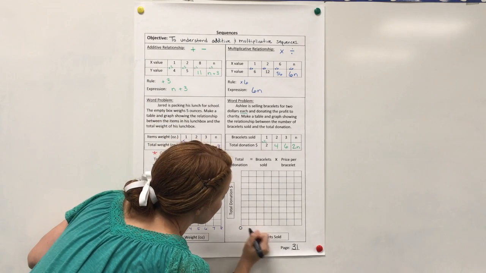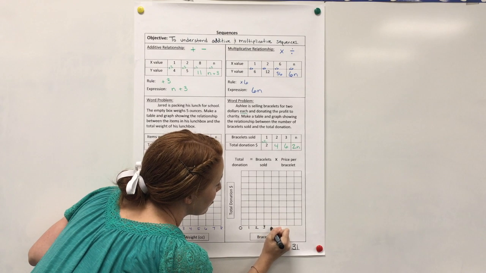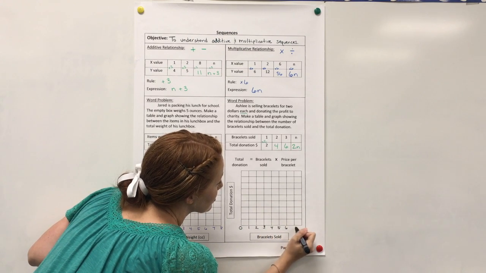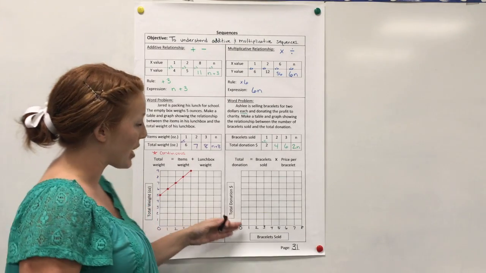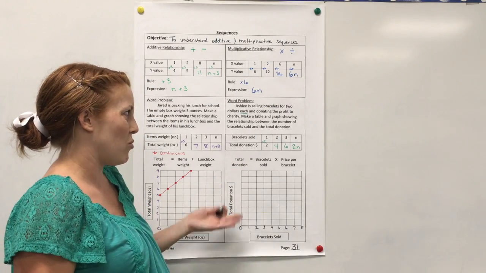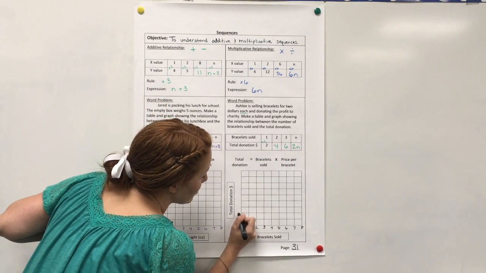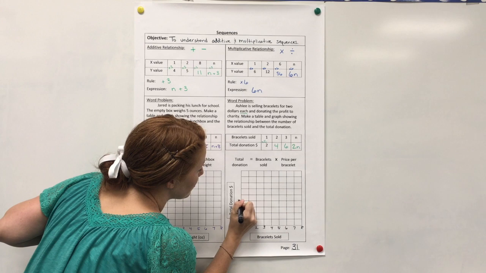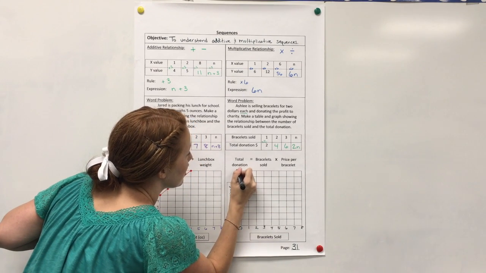So 0, since it's number of bracelets, we'll just start 1, 2, 3, 4, 5, 6, 7, 8. Okay, and then I could count by 2s if I wanted here, but it's not getting very high, so let's just count by 1s also. 1, 2, 3, 4, 5, 6, 7, 8, 9.